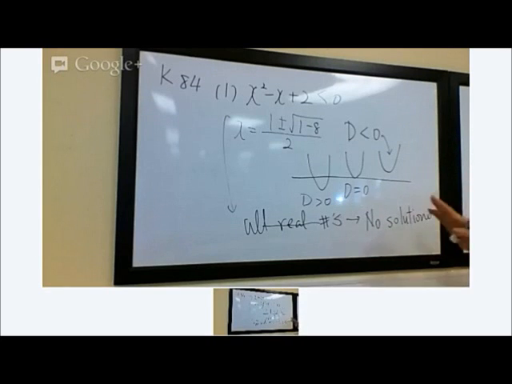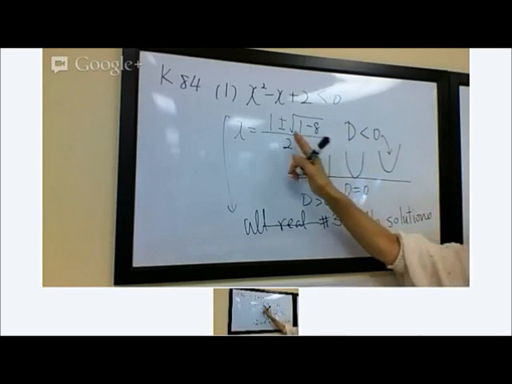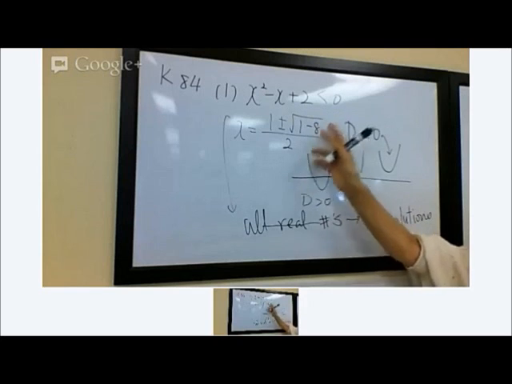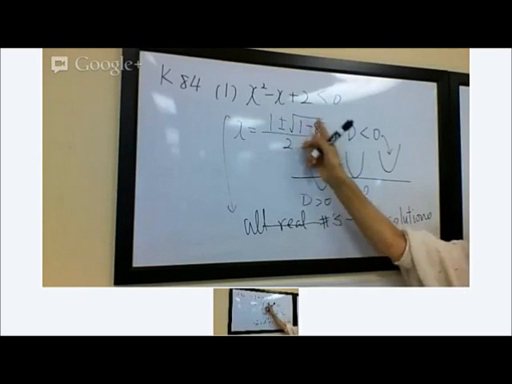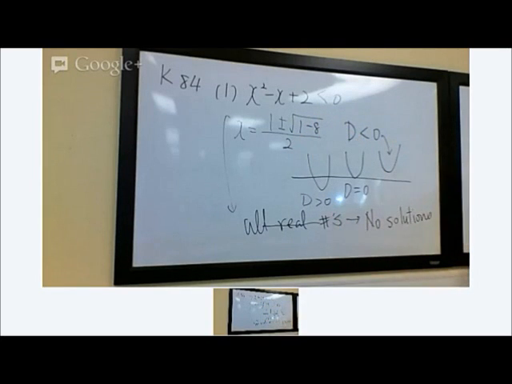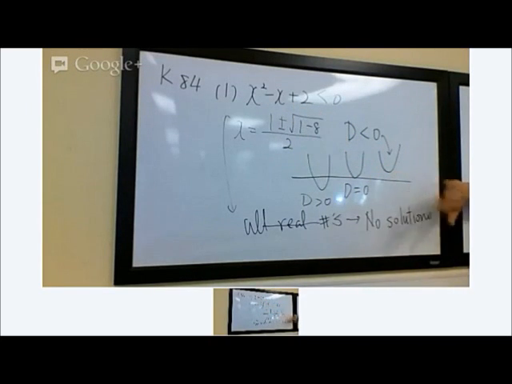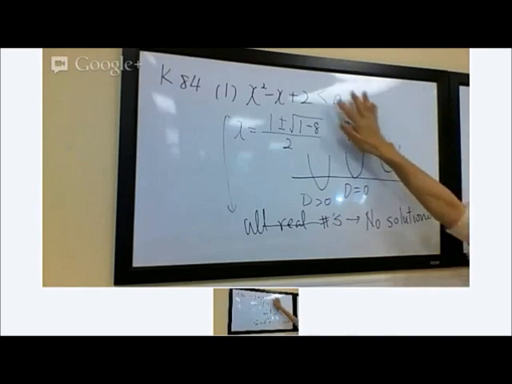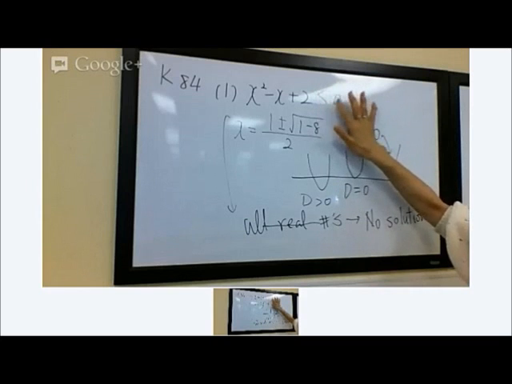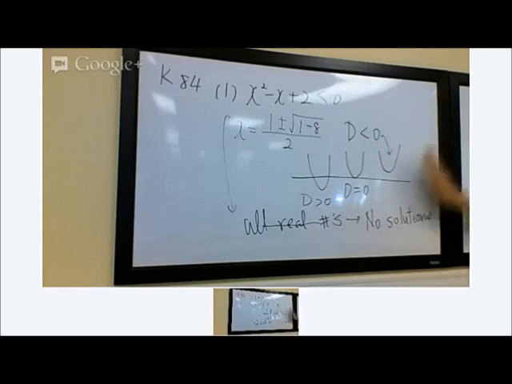D is less than 0, which means inside here, b squared minus 4ac is D, that value is less than 0. But the entire graph is always above the x-axis. That's it: all real numbers if it goes this way. If it goes the opposite way, it never, ever goes negative. That's why there are no solutions.